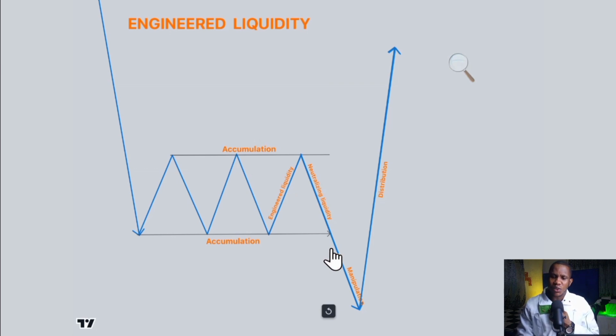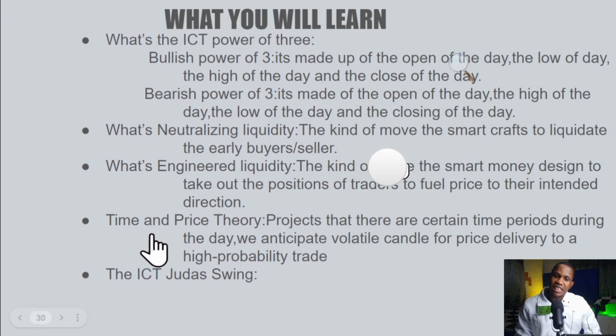Before that, we need one thing for this strategy to be complete, which we call the time and price theory. So guys, remember this is time and price theory. Our strategy is price, and we need time to actually make this strategy work.